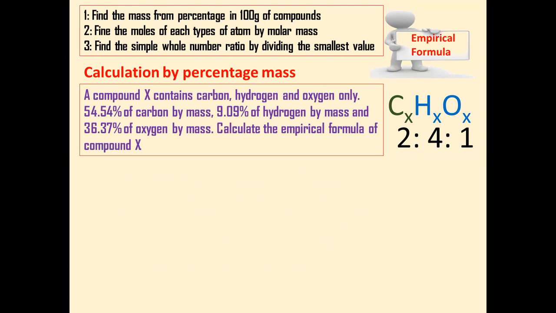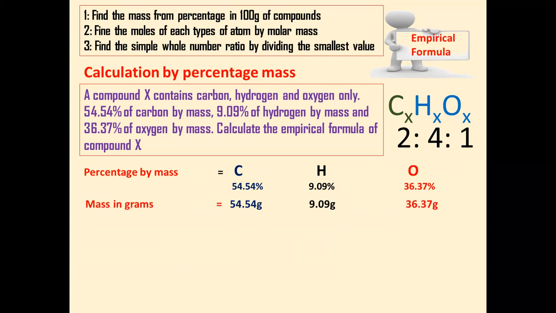For example, 54.54% is carbon, 9.09% is hydrogen, while the mass of oxygen is 36.37%. Here, these percentages are by mass, and we represent these percentages in grams.